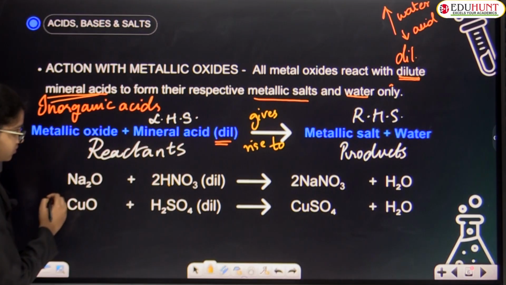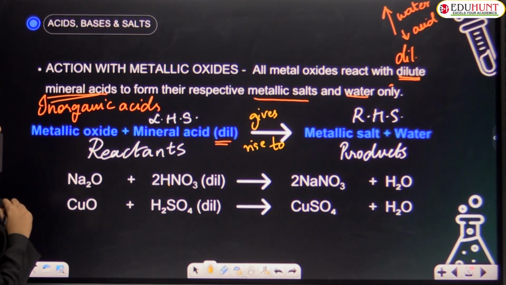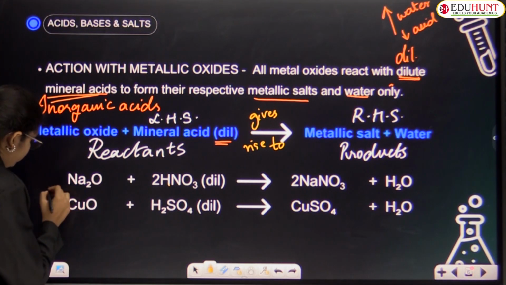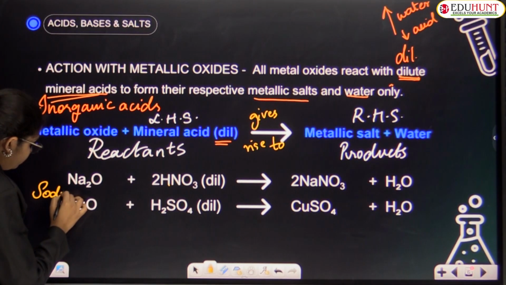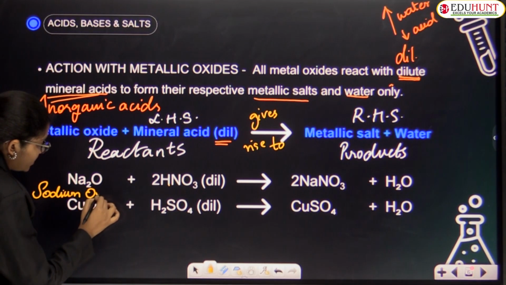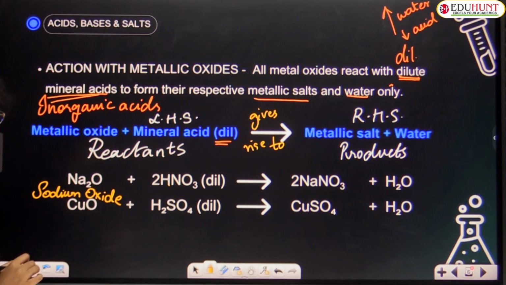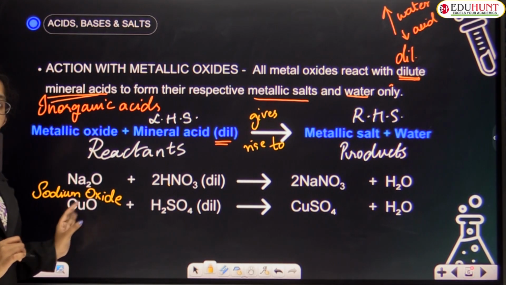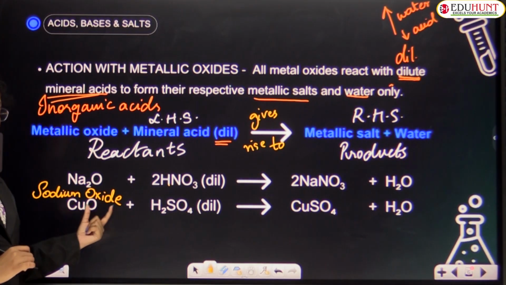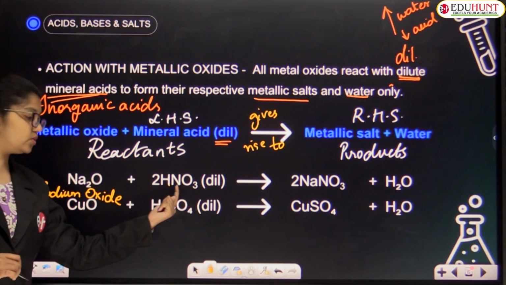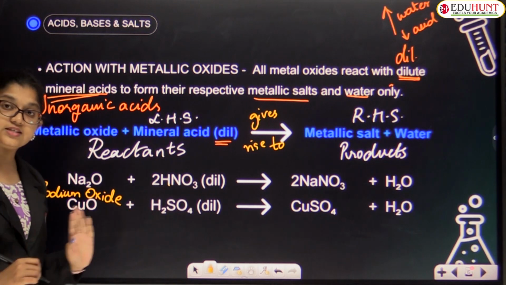Na2O is named as sodium oxide. Okay, repeat after me. Sodium oxide. Sodium oxide reacts with 2HNO3. Now, what is the name of HNO3? Which acid is that?